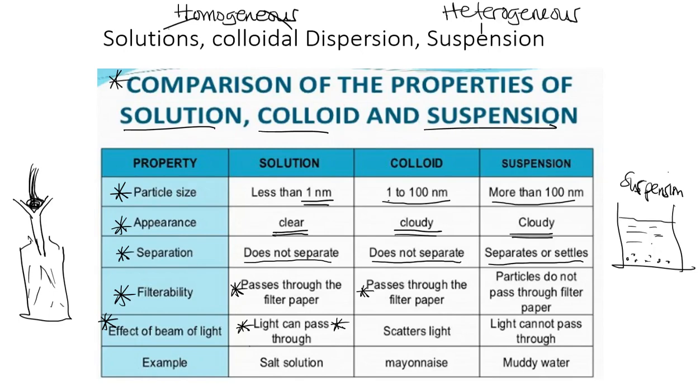Now, if you pass a beam of light through a colloid, you are going to see the beam because a colloid is going to scatter light. A solution does not scatter light. A suspension usually will just block the light.